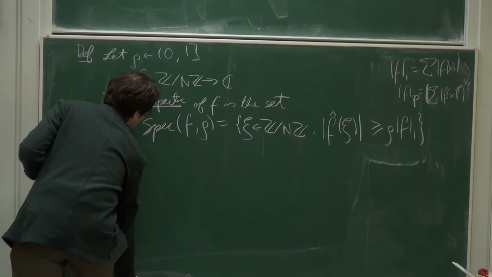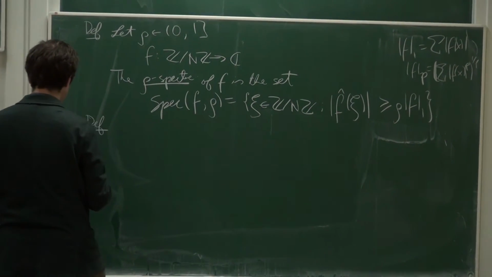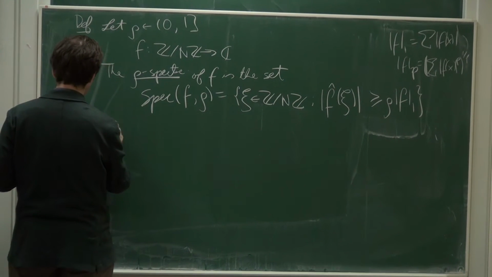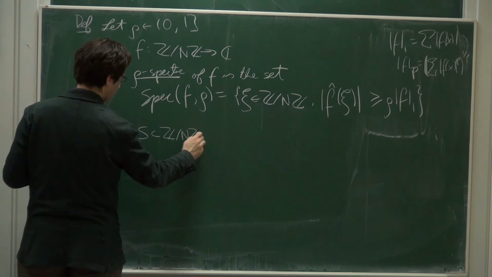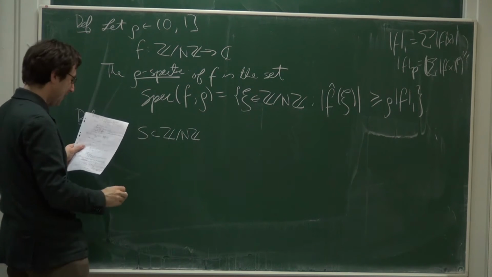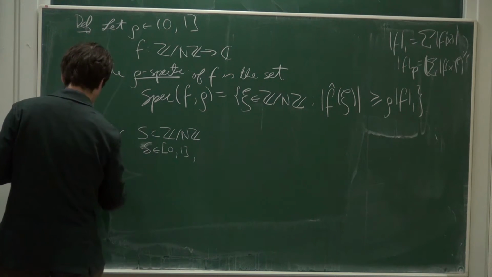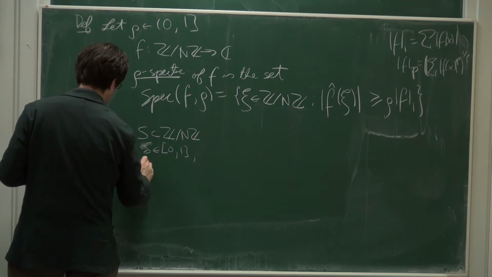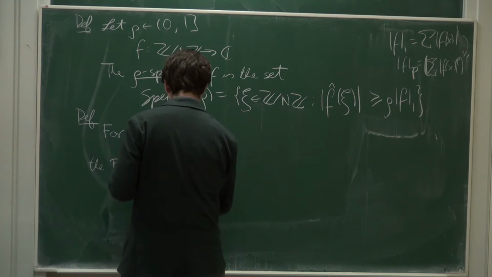And we also have Bohr sets. For S in Z mod N Z, Fourier space really, and delta in (0,1), the Bohr set, mind you, this is Harald Bohr, not Niels Bohr, very important.